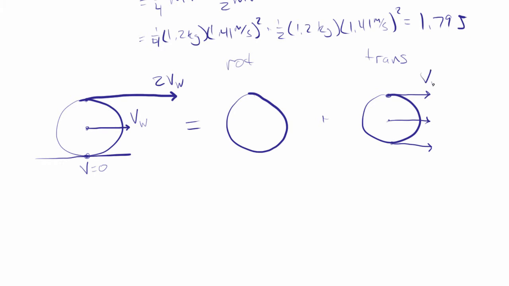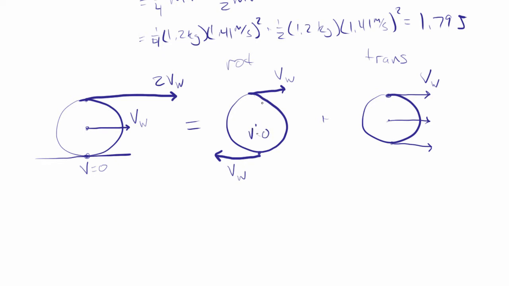Right. The length of these arrows is VW. But if I just look at the rotational picture now, separating that out from this rolling motion picture, the velocity up on the top of the wheel is v sub w. The velocity right here is vw in the other direction. And then the speed here is 0.